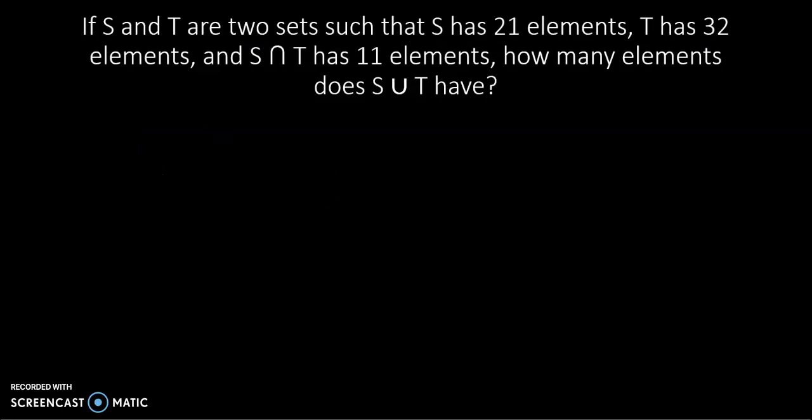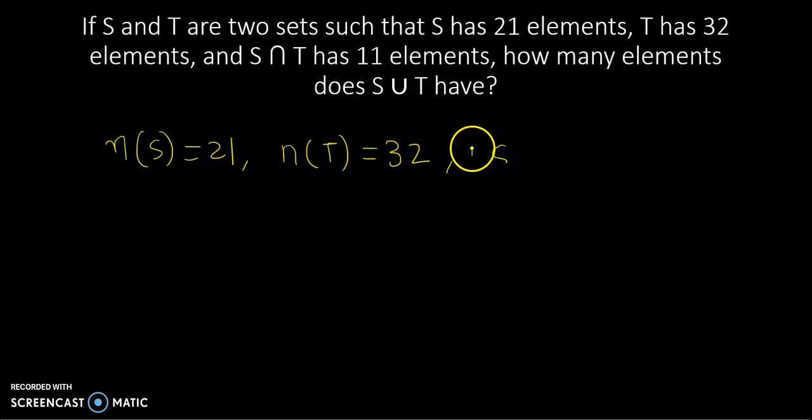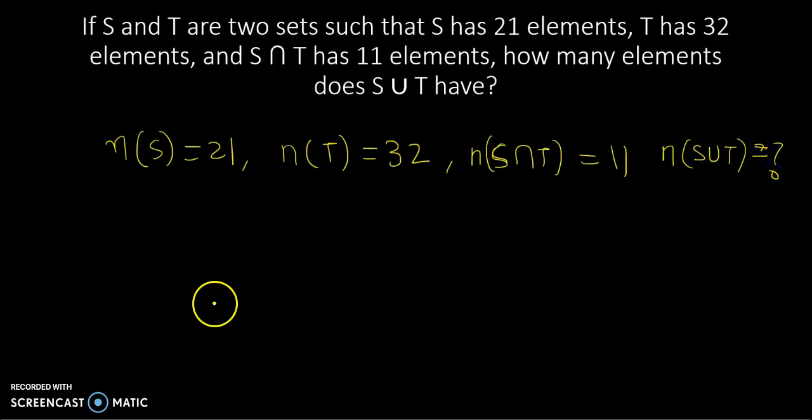Let's see the next problem on the same concept. If S and T are two sets, and set S has 21 elements, T has 32 elements, and the number of elements in S and T is 11, how many elements are there in S union T? This is a rather easier problem. You don't even have to switch the places.